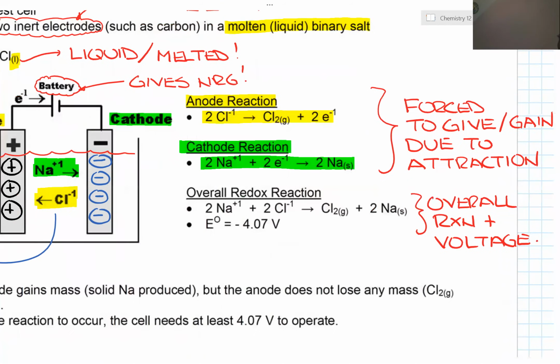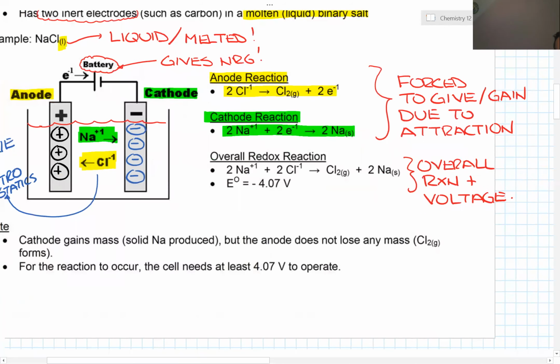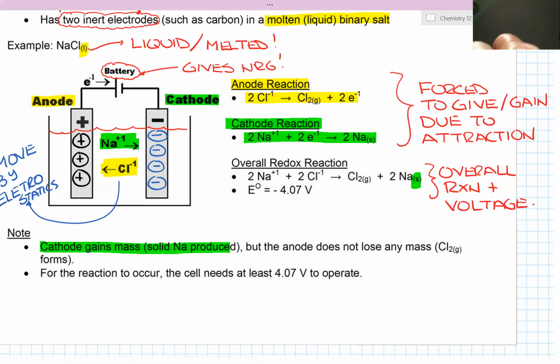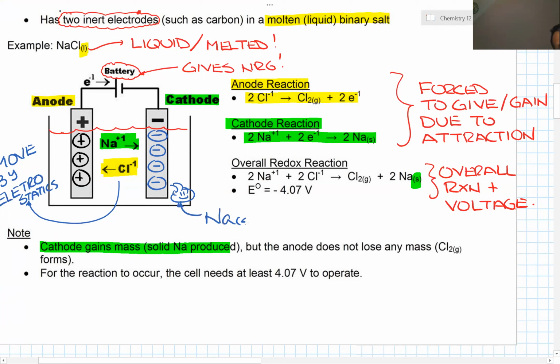Now, notice when you read this, what are you producing? In this case, the sodium gains mass because you're producing solid. Okay, so here you would get sodium solid, because that's what's produced.